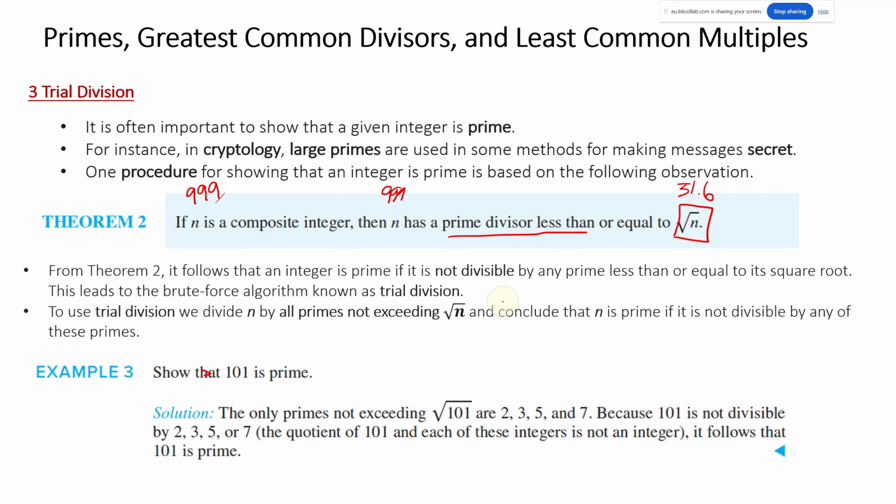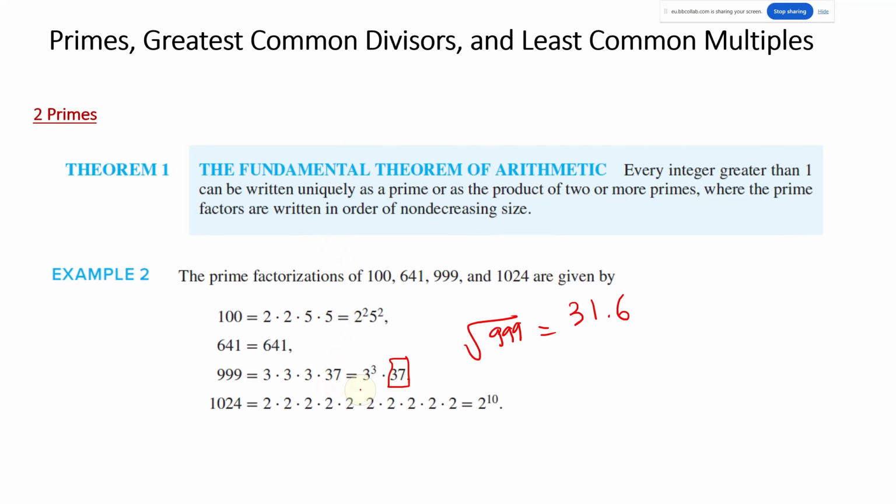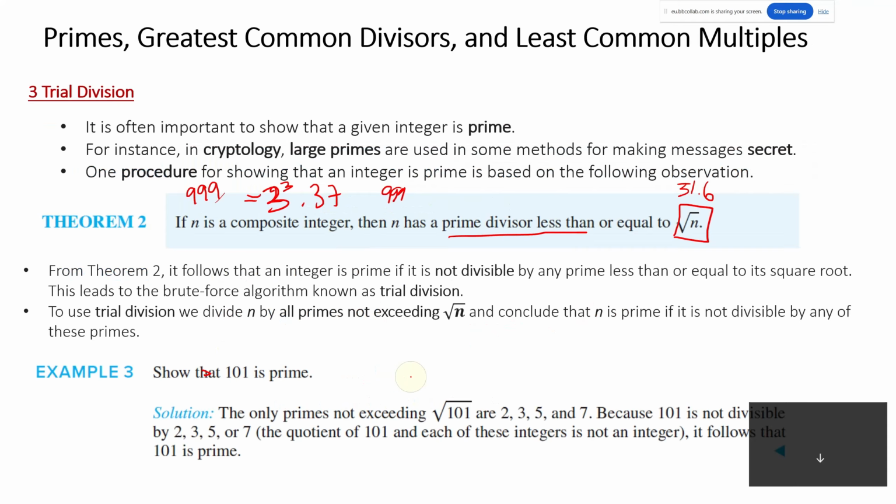Is that true, knowing that this is going to be equal to 2 times 3 to the power 3 times 37, based on what is written here? Isn't there something that doesn't make sense? I'd like you to be more than just watchers. Okay, tell me what's going on. What's wrong here?